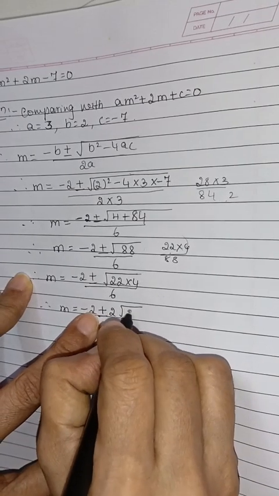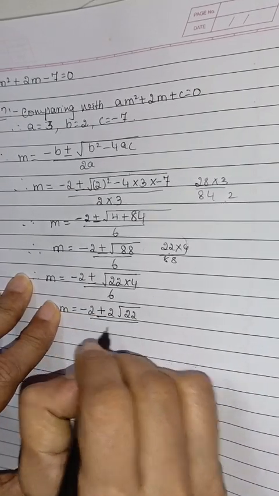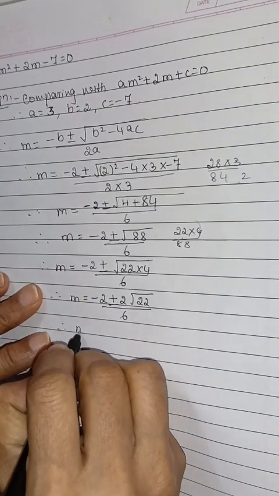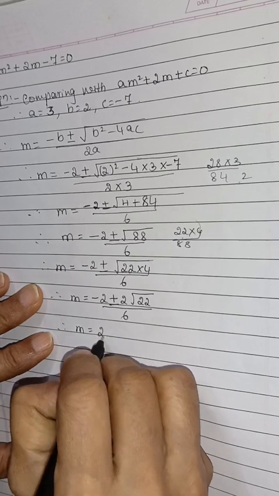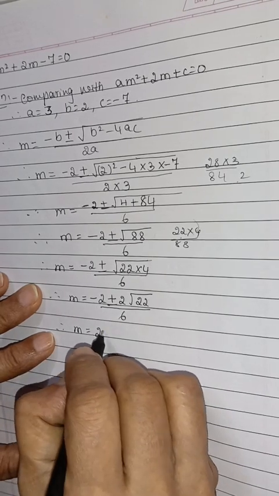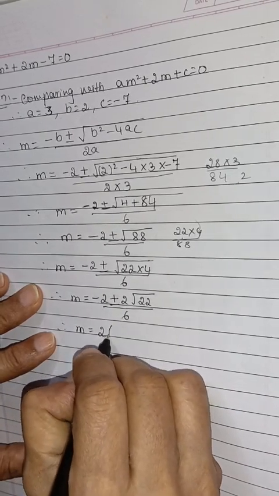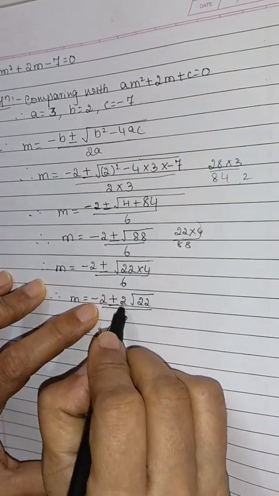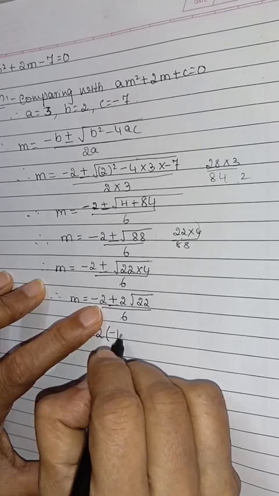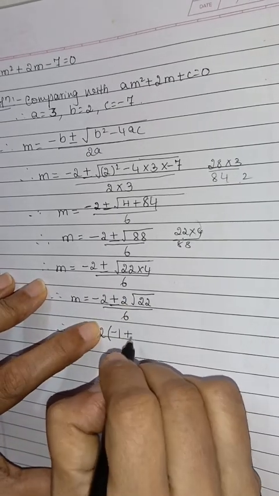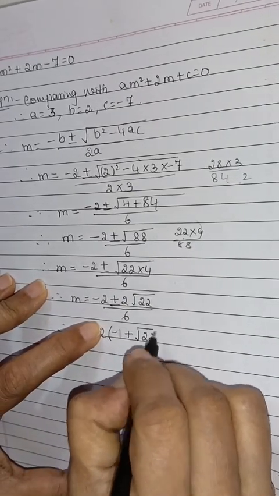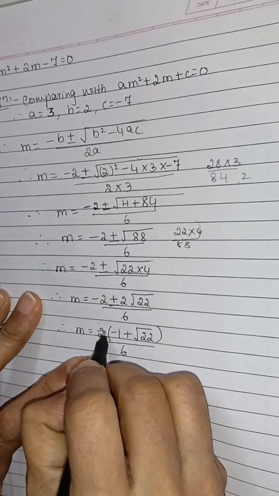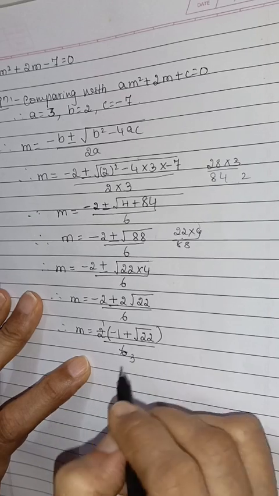Okay, 2 root 22 divided by 6. Here therefore m is, keep 2 out, here common 2 is there, so keep 2 out. Here 1 minus 1 remain, here we can keep 2 out. So minus 1 plus, this 2 has gone out, therefore root 22 divided by 6. Here you can simplify 2 ones are 2, 2 3s are 6.